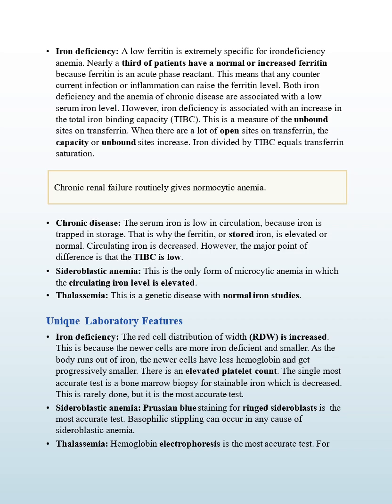So in case of iron deficiency, TIBC is high, and in chronic disease, the TIBC is low. In case of sideroblastic anemia, this is the one and only form of microcytic anemia when the circulating iron level is elevated. In case of thalassemia, we have normal iron studies.